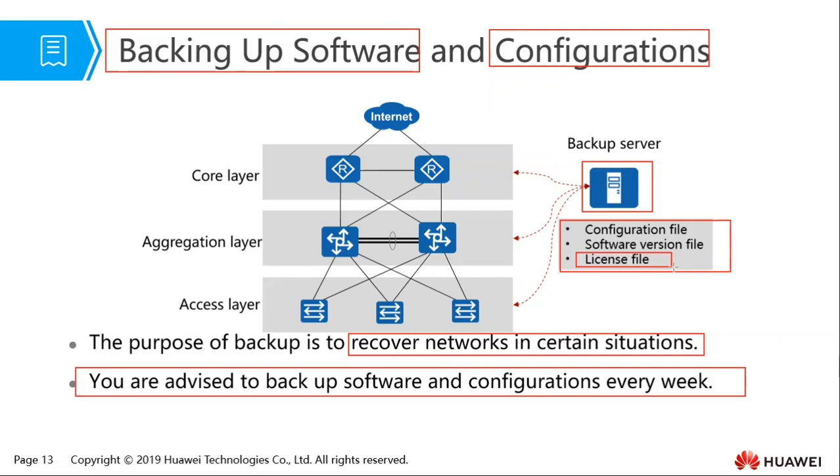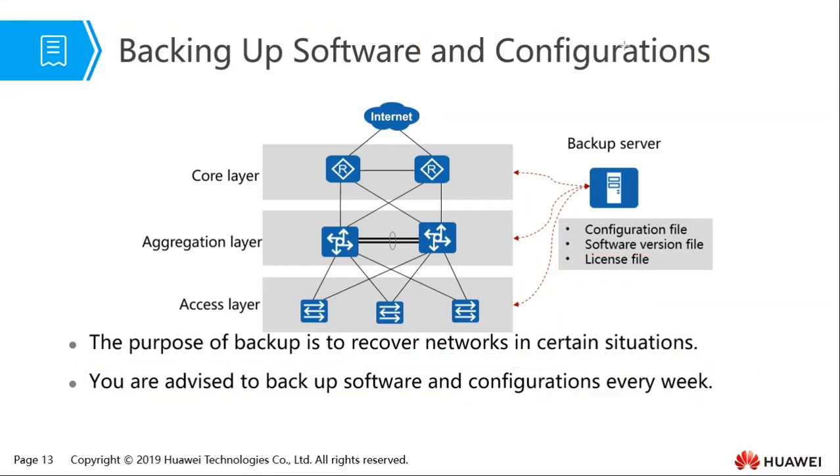So if you want to restore the running of your device as quickly as possible, you need to back up this file so that you can restore it in case you encounter problems with your device. So always make sure that you back up your license file as well as configuration files and software files.